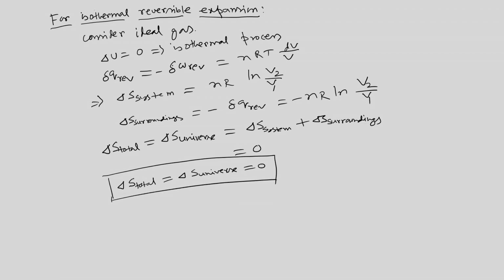Now, what about isothermal irreversible processes? Let us see. For irreversible isothermal expansion, what would be the entropy change? We can have two cases. The process is an isothermal one.